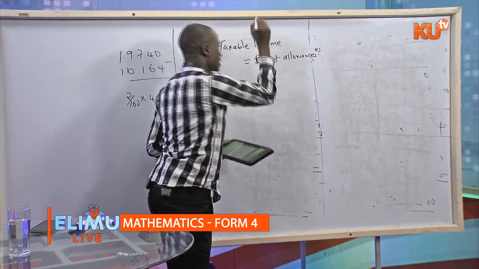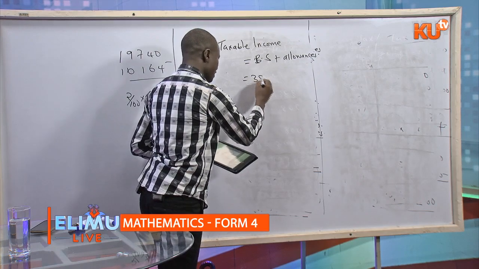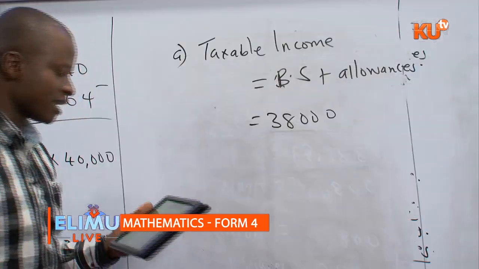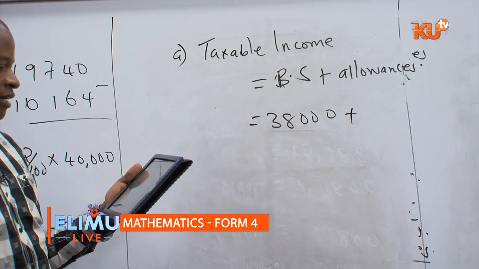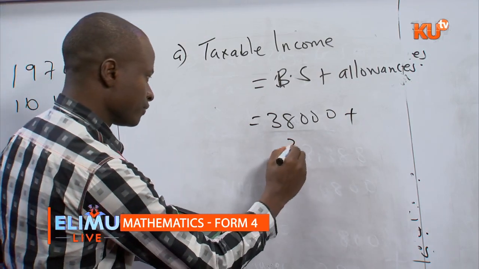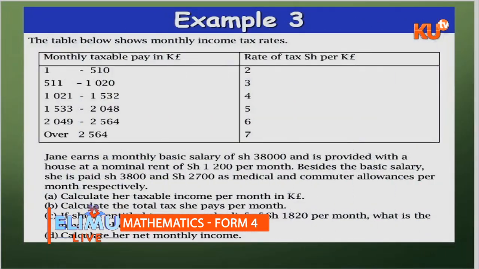Gross income plus allowances. So in this, I mean basic salary or gross income. Basic salary plus allowances. So in our case, this will be 38,000, which is her basic salary, plus what were the allowances? We had 3,800. What else? 2,700. And there's another income or an allowance that is hidden.